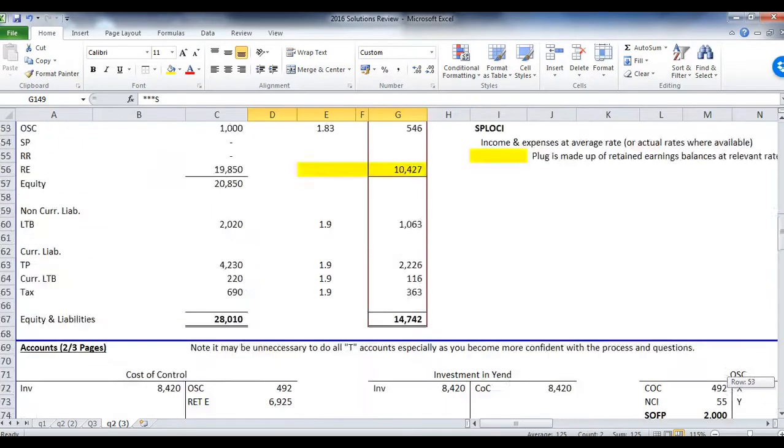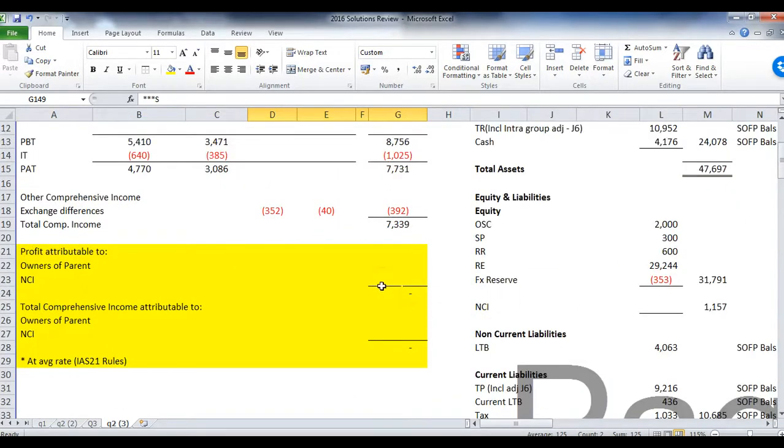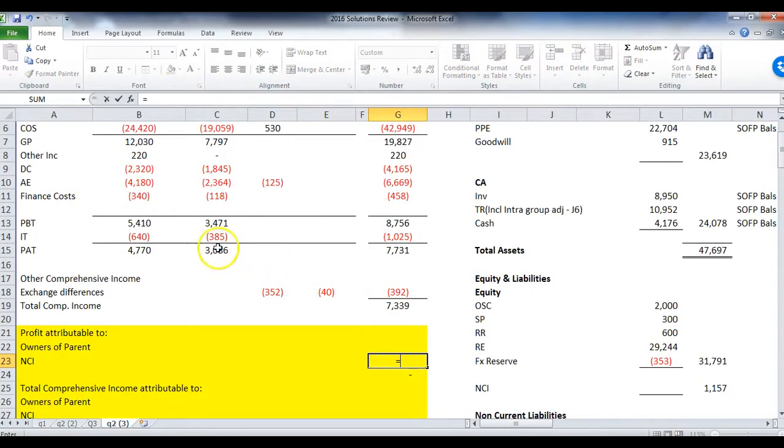So when we're calculating the NCI's share, it will be 3086 plus negative 125 times 10%. And that's how you get to it. That comes to 296. So 296 is the NCI's share, therefore the difference will obviously be the parent's share.